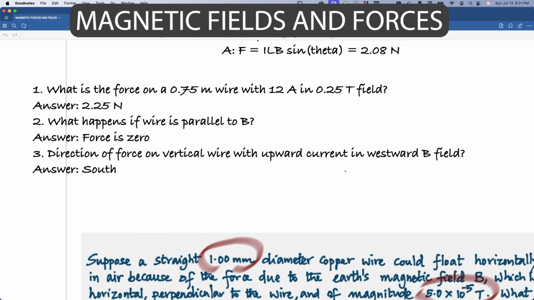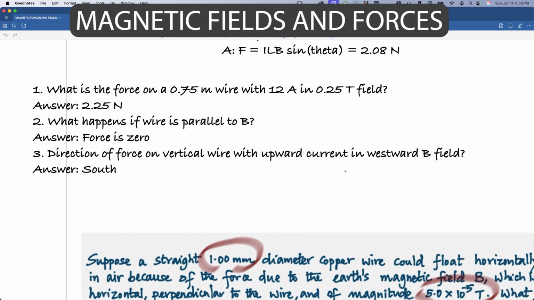With the upward current, you have to turn your right hand so that the palm is from your right to left, but your fingers are upward. So the thumb is now surely pointing towards you, which is the south. I hope you get that.